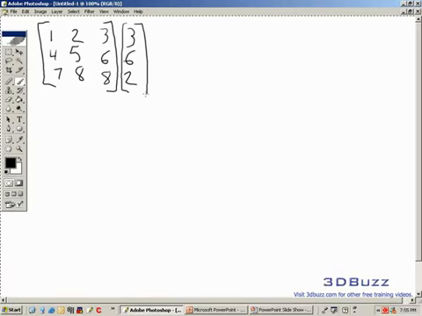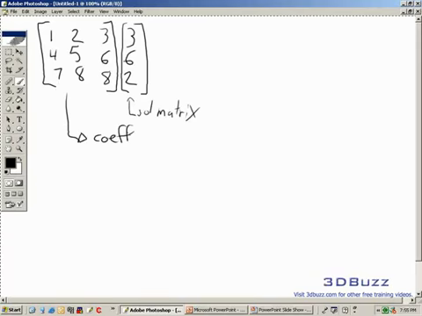This is the solution matrix, and this here is the coefficient matrix. Like I said, you start by getting the determinant of the coefficient matrix.